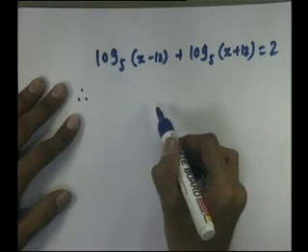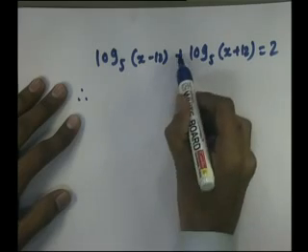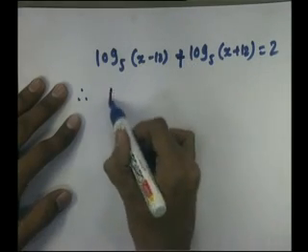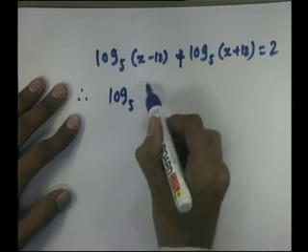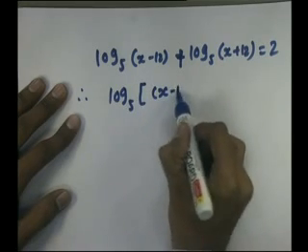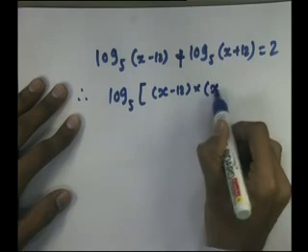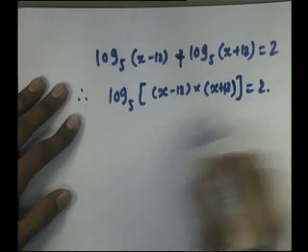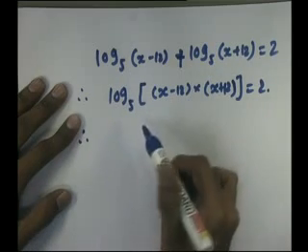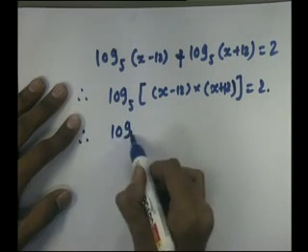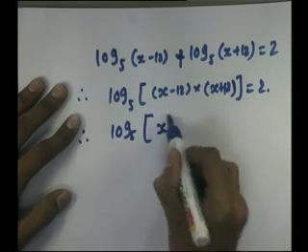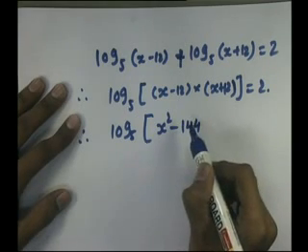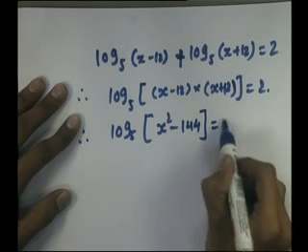On the left hand side we will apply the property of logarithm: addition goes to multiplication. Log base 5 of x minus 12 into x plus 12 equal to 2. As addition goes to multiplication, we can simplify it as x square minus 12 square, that is 144, equal to 2.